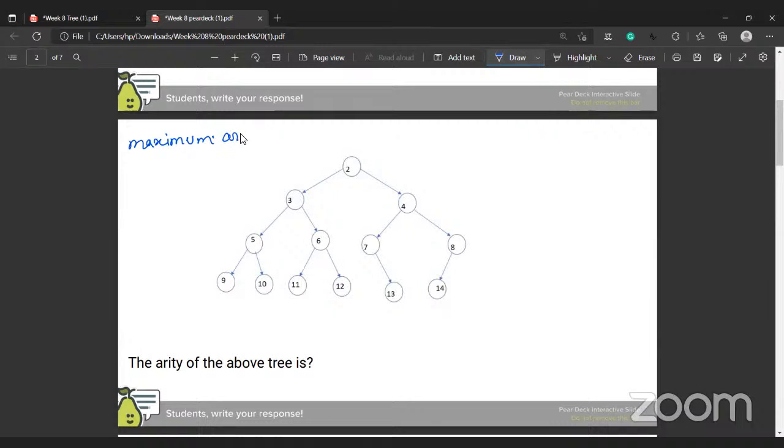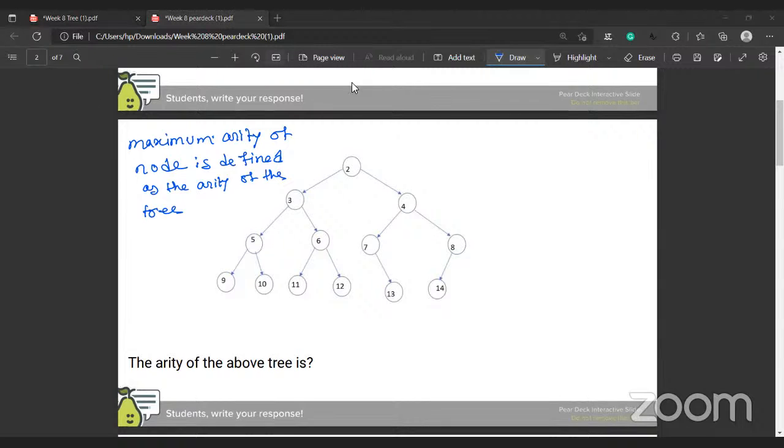Maximum arity of a node is called the arity of the tree. Yeah, maximum got the right answer.